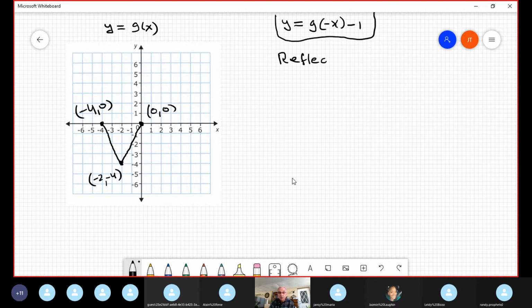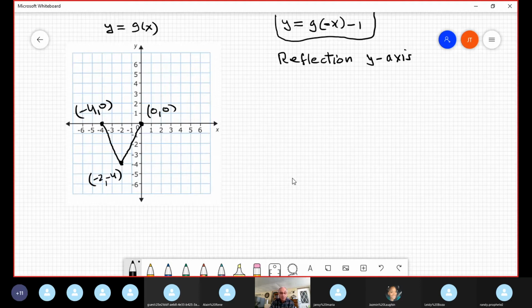Reflection with respect to the y-axis. So this minus indicates it. Okay, this is the first one, a reflection. This is super easy because the only thing you should do is change the sign of the x component.